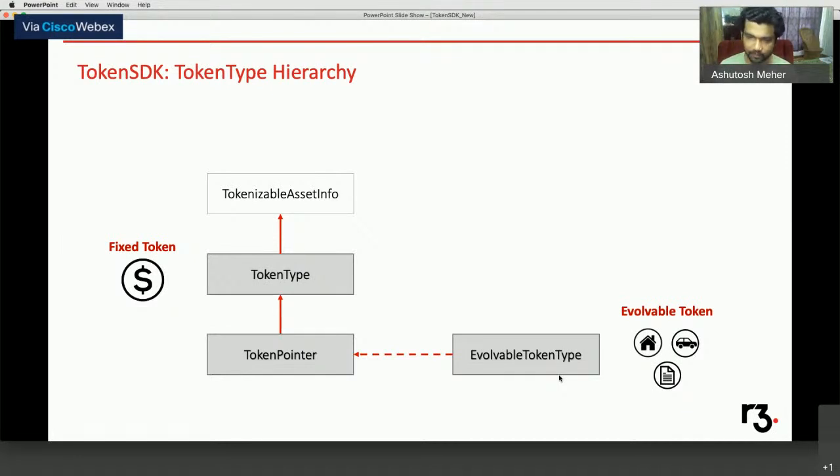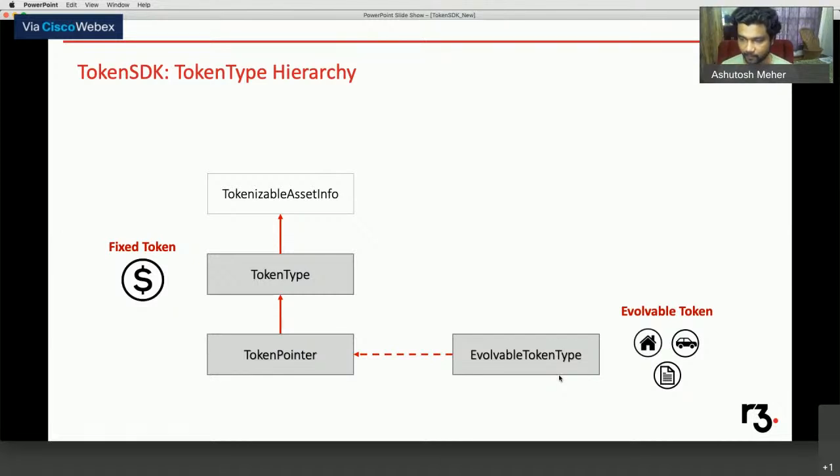But think of it from the perspective of an evolvable token. An evolvable token will change, right? So if I hold some tokens of a vehicle, and that vehicle has changed over time, then the token that I hold should also change, because I need to point to the most recent version of the vehicle for which the token was issued.